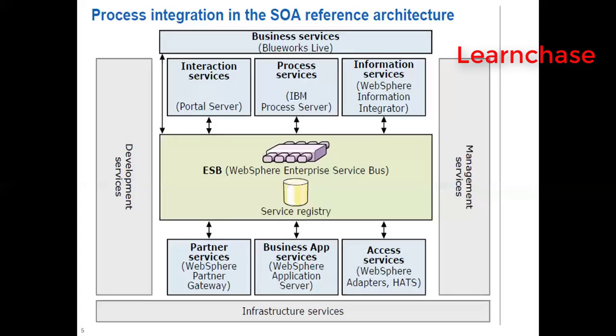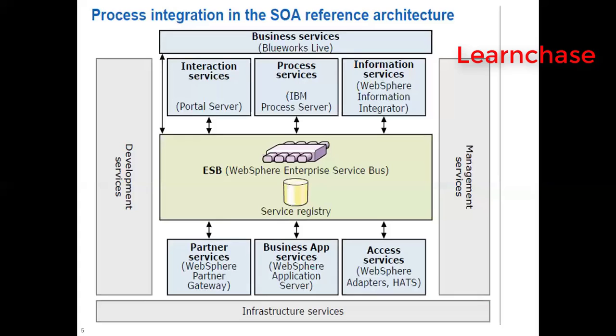So they are completely out of scope. While the diagram shows them, it basically tells that the applications that we create using ESBs, or the enterprise service bus mechanism runtime, can talk to a number of different services, which might be your business services like BlueWorks Live. I hope you understand BlueWorks Live.